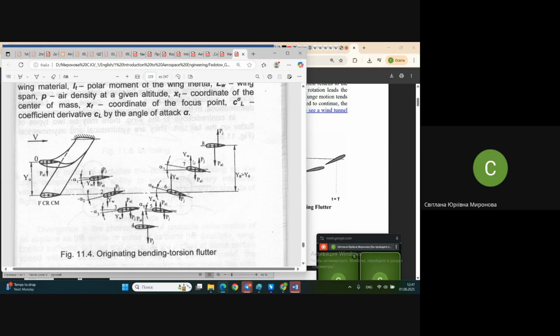So at some speed, usually called the critical speed of Flutter, and those speeds are rather high, and they are in a transonic region as a rule. So at the speed of 0.8, 0.9 of Mach number.